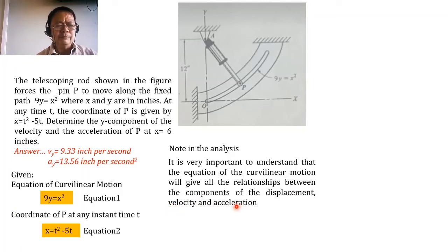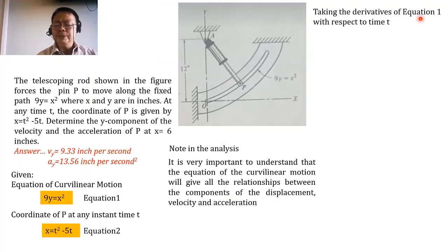Ang ibig sabihin nun, kapag meron daw tayong equation of the path na kung saan the particle is moving in a curvilinear motion, then the equation of that path will give us all the relationship between the acceleration, the velocity, and the displacement along the two mutually perpendicular axes, either the x and the y. At yan yung gagamitin natin dito sa ating analysis.